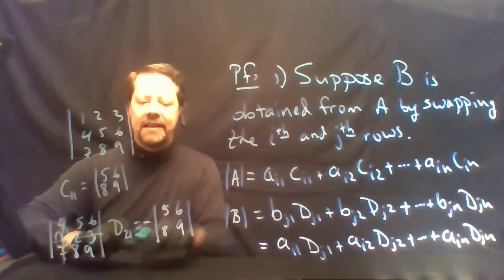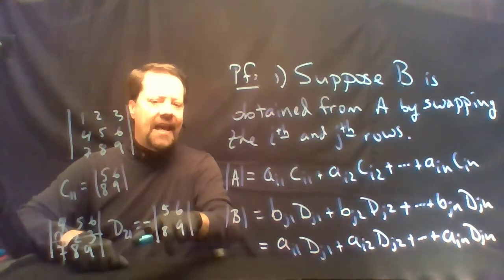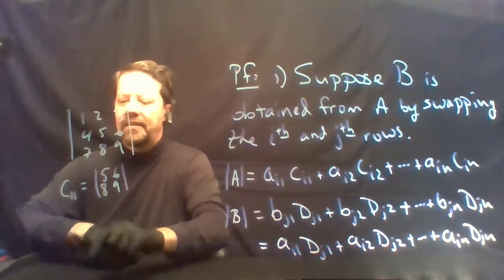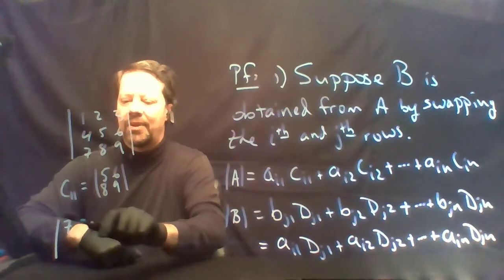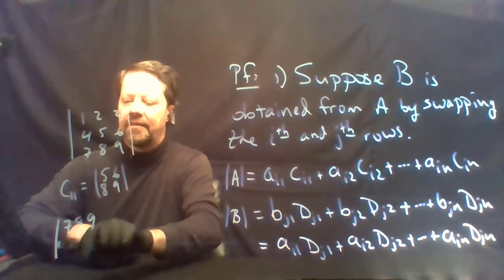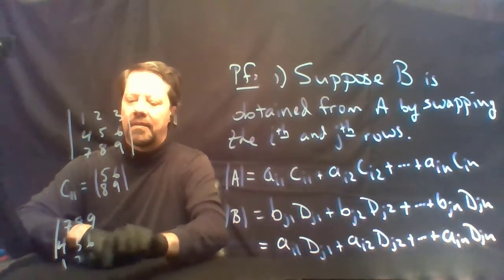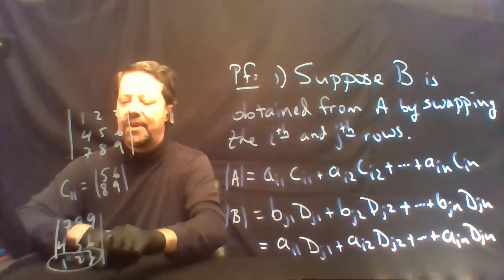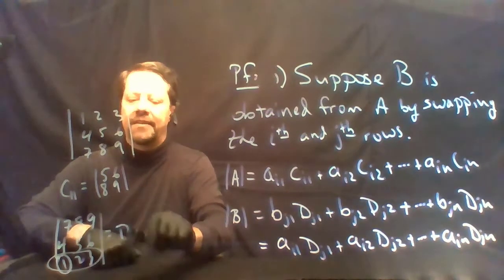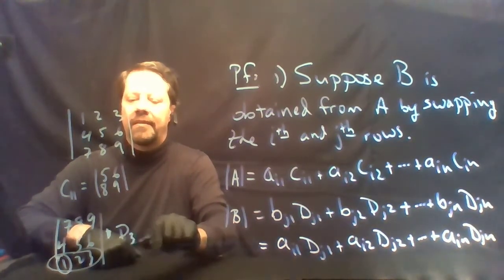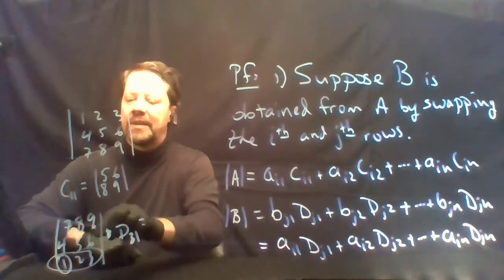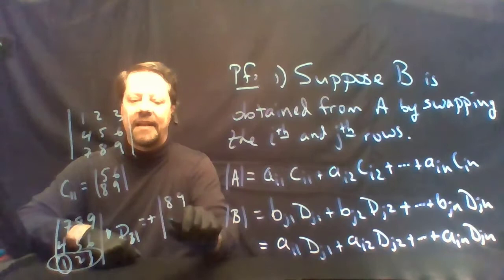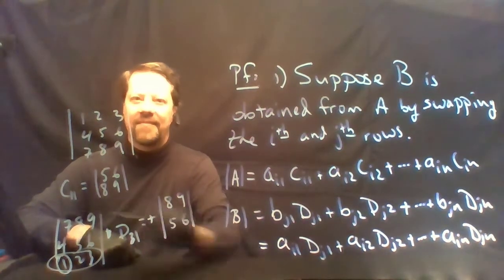So you get either exactly the same minor, or the minor could be rearranged. Let me give you an example. And it's either plus or minus depending upon the position. If we had swapped the last row with the first, and then did the cofactor expansion around the last row, on this first cofactor, D31 would be plus minus plus, and then we'd have 8, 9, 5, 6.